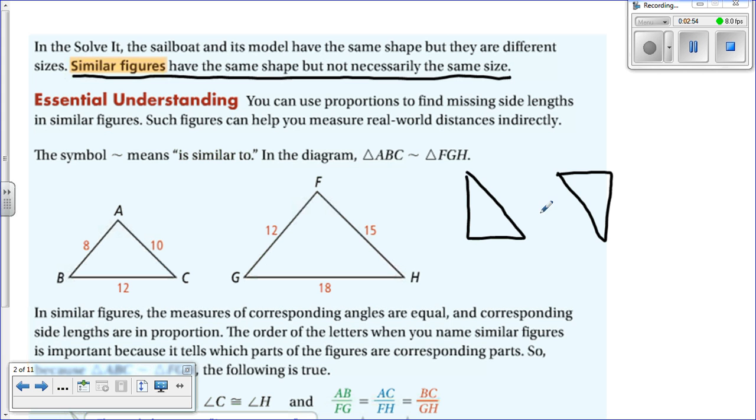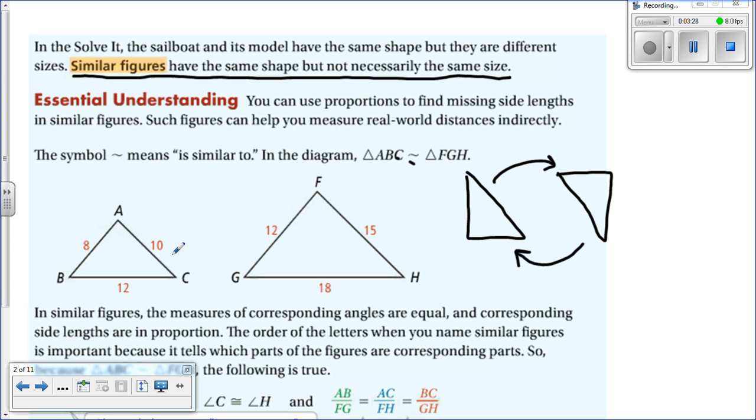Those may be similar triangles, just rotated 180 degrees. And so you would have to notice that this side right here goes with this side over here. This side at the bottom goes with the side now at the top, and this side, which is called the hypotenuse, which you'll learn later on, goes with this side right here. Okay, so those are just some things to keep in mind. And basically what similar means is they have the same proportion.